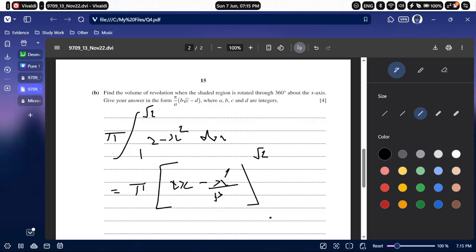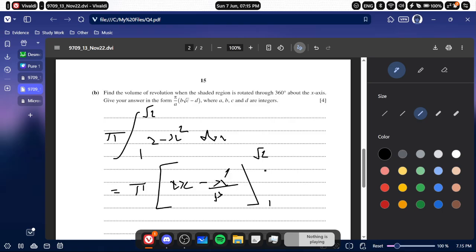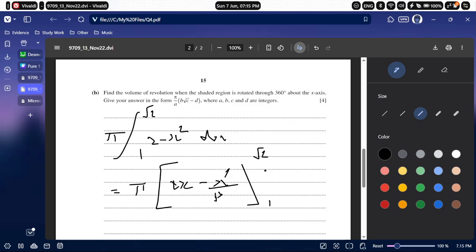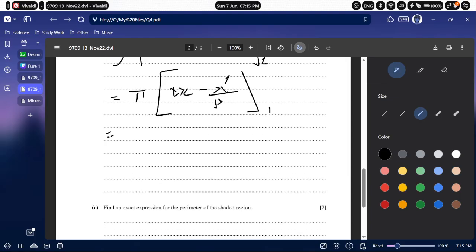Anyway, you can also use your calculator if you want to double check. I'll just do that to get the final answer. From 1 to root 2 of 2 minus x squared. Oh, never mind, I'm getting a decimal. This part should be 0.21.